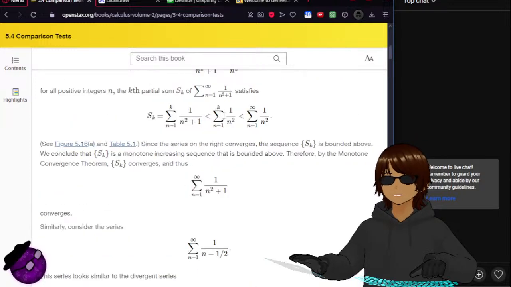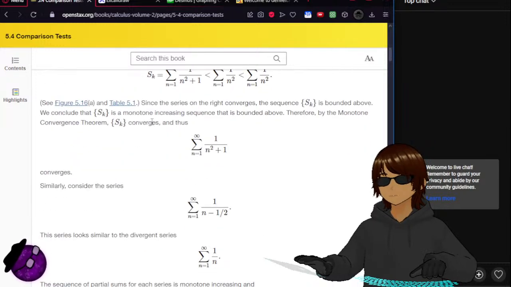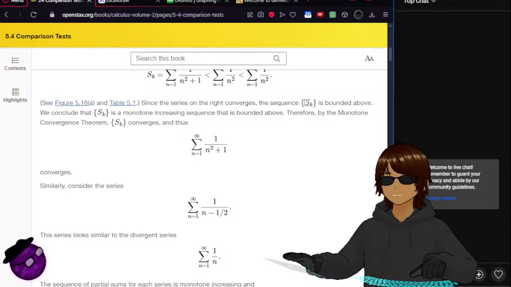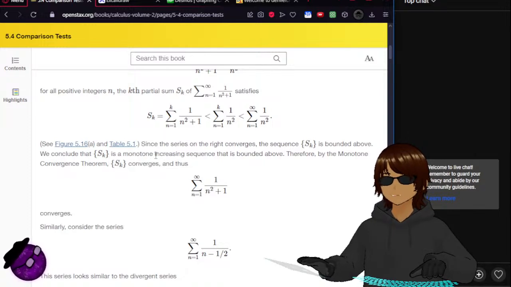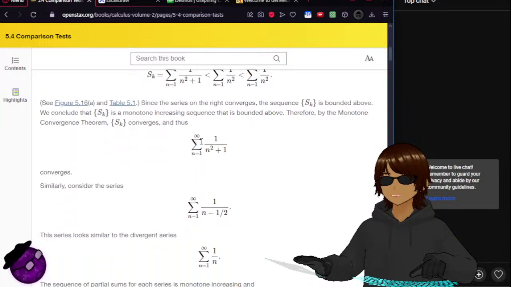I'm guessing what they're gonna check: if the greater one is going to 0, then the lesser one will also go to 0. Since the series on the right converges and the sequence S_k is bounded above, we conclude that S_k is a monotone increasing sequence that is bounded above. Therefore, by the monotone convergence theorem, S_k converges, and thus 1 over n squared plus 1 converges.